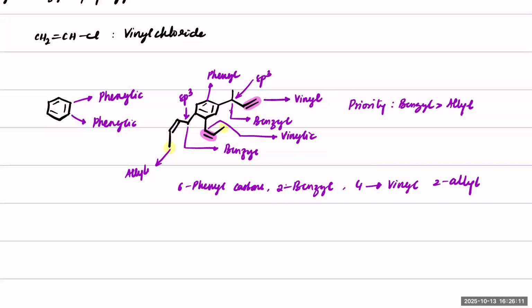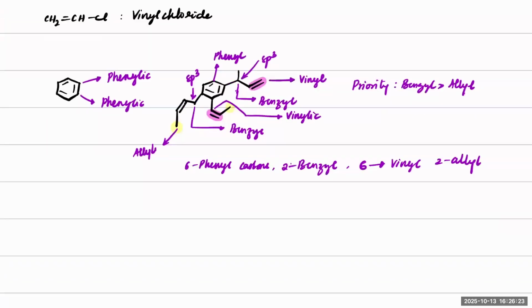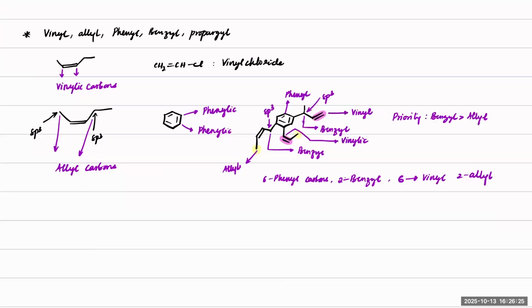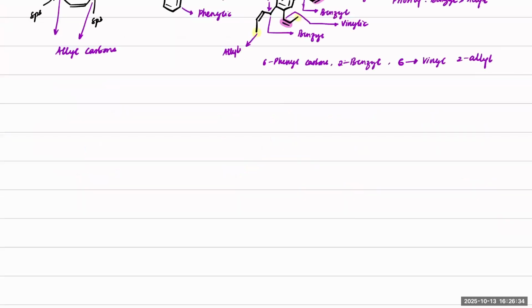Sorry, here also there is a vinylic group, so two vinylic again, so total six. Six phenyl here and two allyl carbons here. Done. So this classification is also clear, beta. Any doubt here? Both of you? Very good.